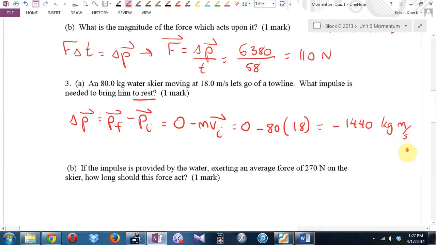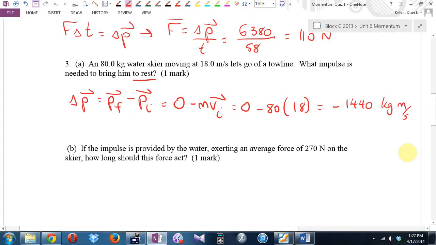If the impulse is provided by the water, which I think it is when you're water skiing, it's the water that brings you to a stop, exerting an average force of 270 newtons, how long should this force act? Okay, so now I'm going to say impulse also equals force times change in time.